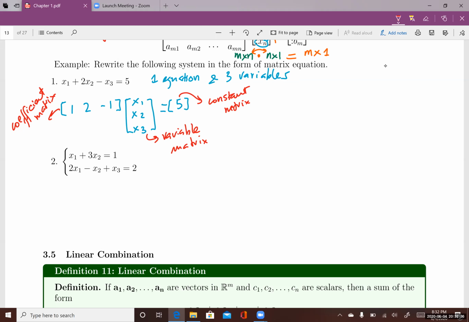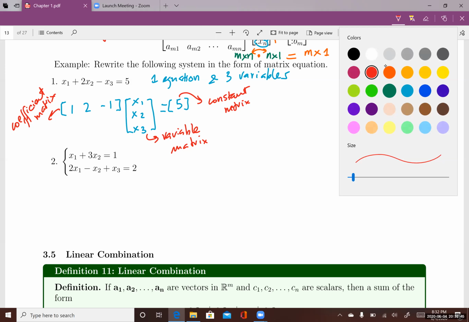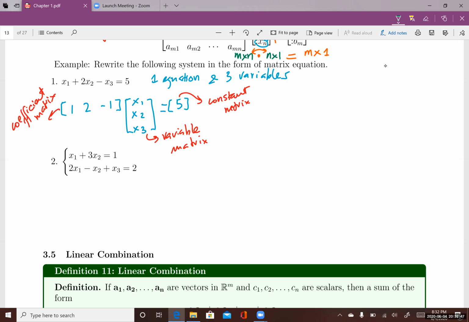Now go to the second example. In the second example, you have 2 equations and 3 variables. That means your coefficient matrix should have 2 rows and 3 columns. The first row will be 1, 3, 0. The second row will be 2, -1, and 1.